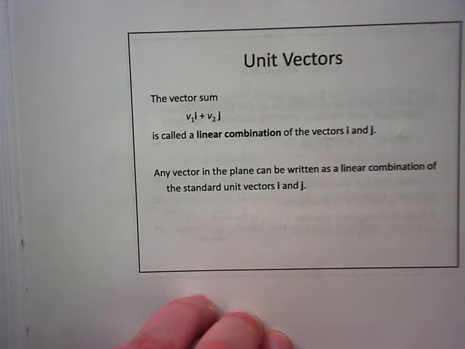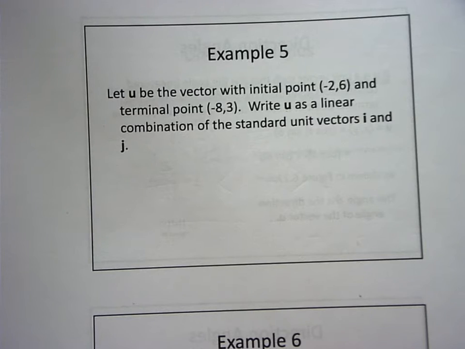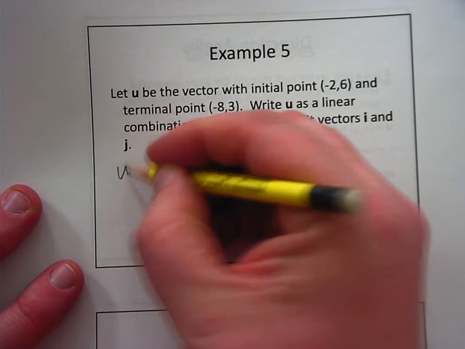Does that make sense? So you need to be able to differentiate between those two, linear combinations and component form. So if I have the vector u with initial point (-2, 6) and terminal point (-8, 3), I want to write u as a linear combination. Well, I'm going to turn it into component form first. What would component form of this vector u be?